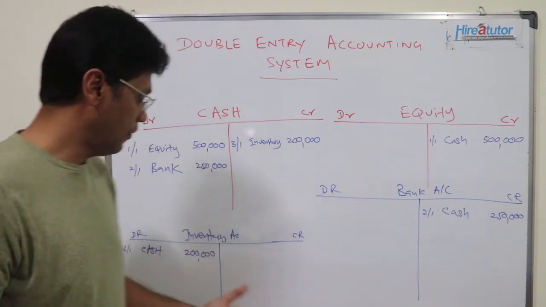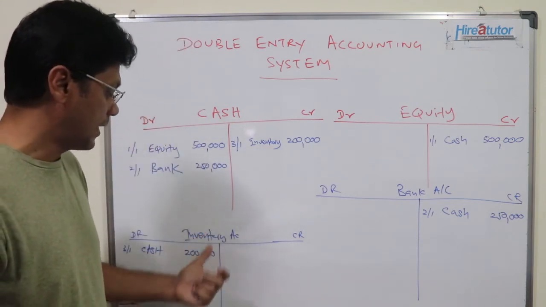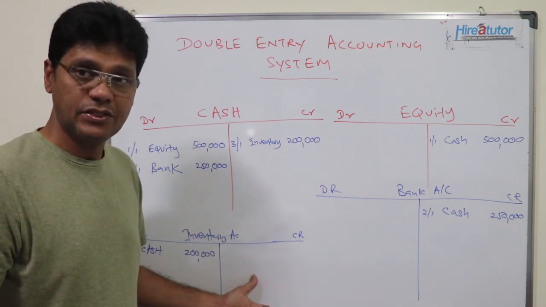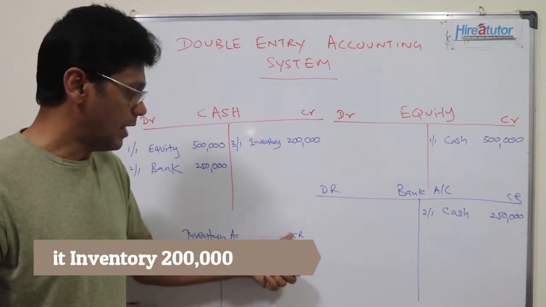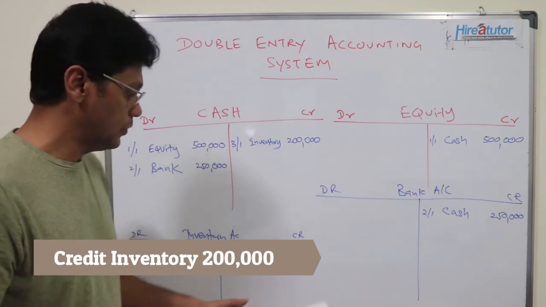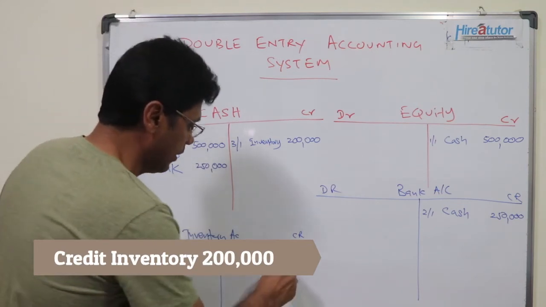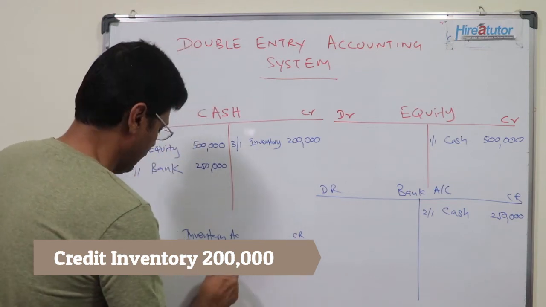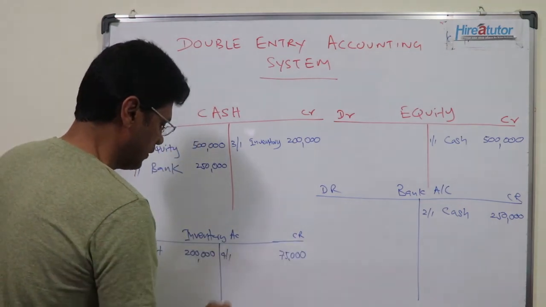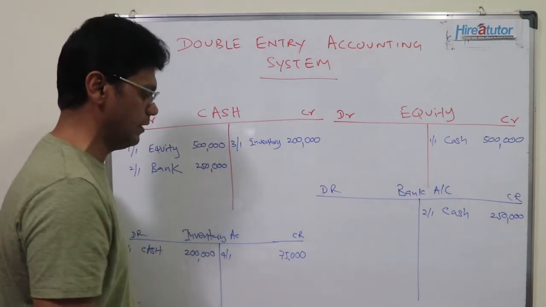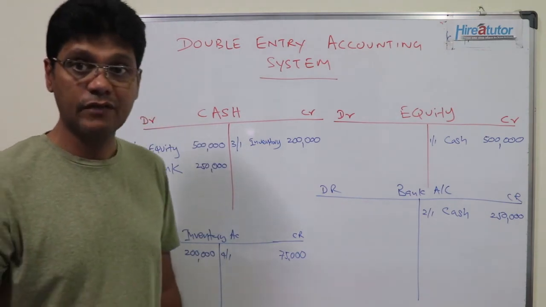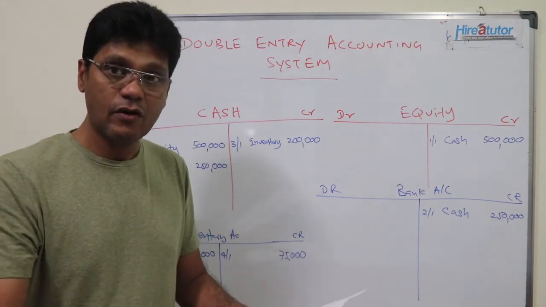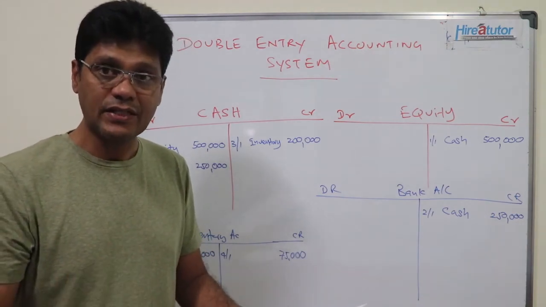Inventory is an asset account and has decreased, so it has to be credited. So you just credit 75,000, 4th January. We'll see the reference account. Now, by selling 75,000, you have received cash.